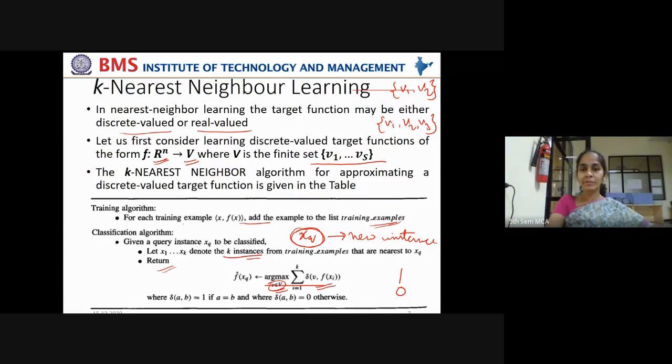Add them up. From i equal to 1 to k, for all the k instances which are deemed to be similar with the new instance xq, find out the similarities. If they are similar, increase the count by 1. If they are not similar, take it as 0. Okay, now add them up, find the odds.